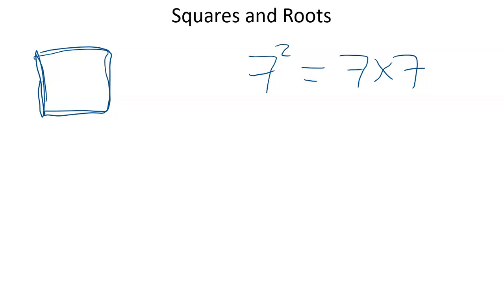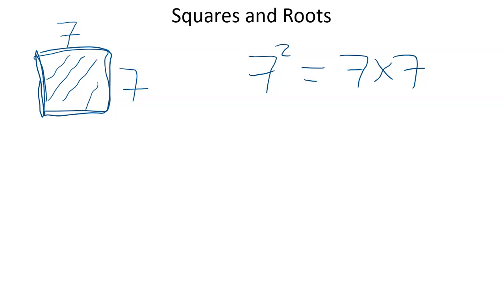And that kind of makes sense from a square the shape point of view in terms of the area of this shape is its length, 7, times its width, 7, so its area is 7 squared, and that's the link. And certainly, I can see why it would be called squaring when it makes a square.